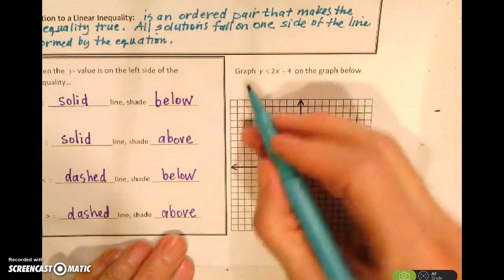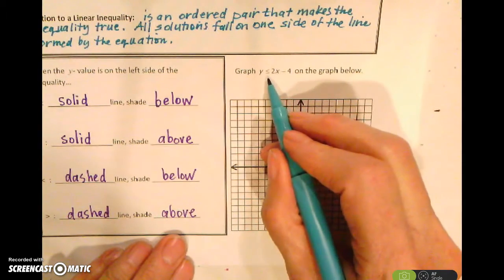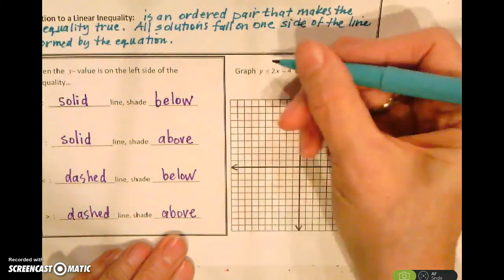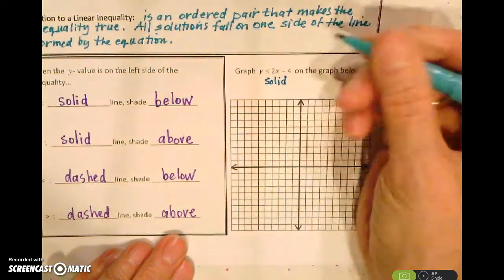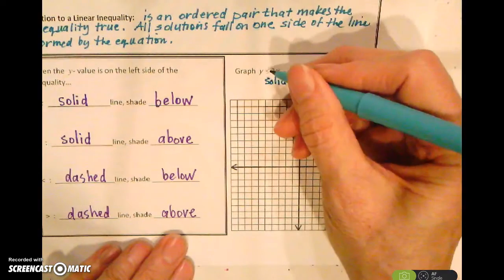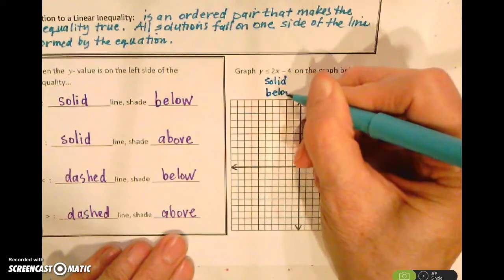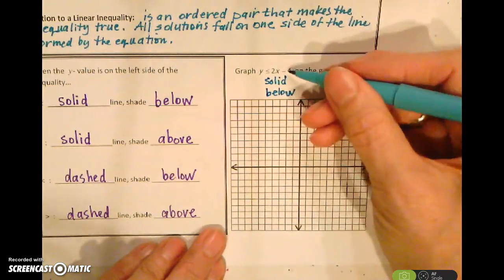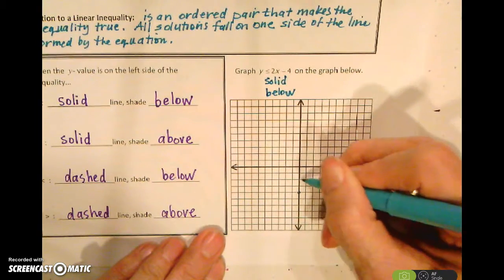All right, so let's use this. We're going to graph y is less than or equal to 2x minus 4. I see there's an equal here, so there's going to be a solid line. And after I graph it, because it's less than, I'm going to shade below the line. I have a y-intercept of -4, slope is 2.